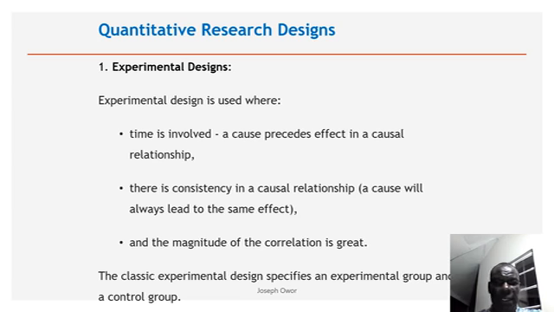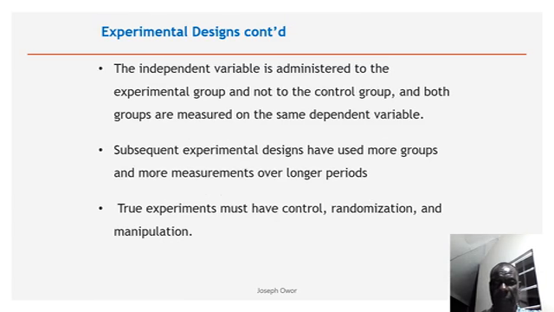The classic experimental design specifies an experimental group and a control group. The independent variable is administered to the experimental group and not to the control group. And both groups are measured on the same dependent variable.